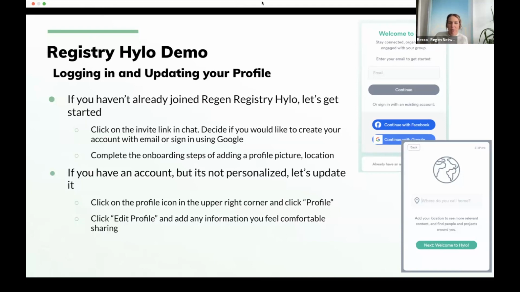So I'm going to be walking anybody here through Hylo who has not hopped in. This is a chance to get situated in Regen Registry Hylo. And as Austin shared, and as we've talked about, we do have a theme right now.